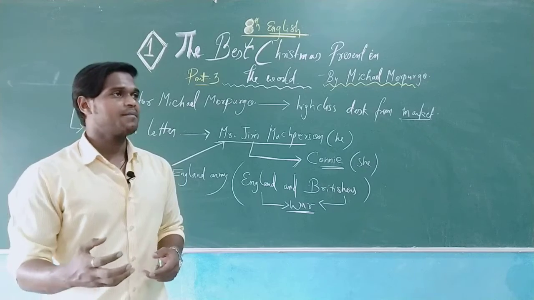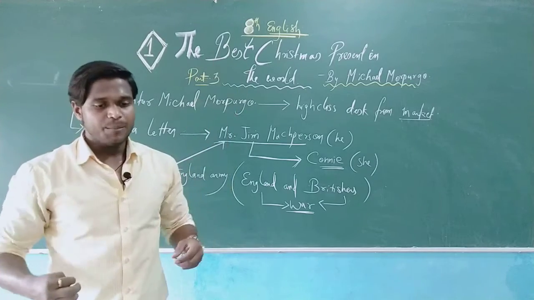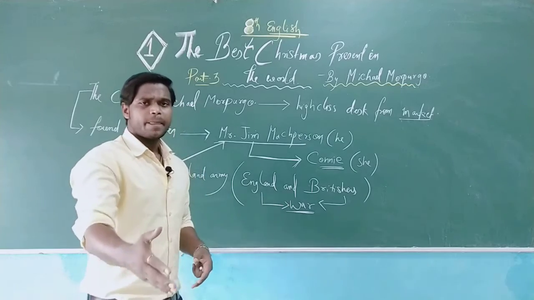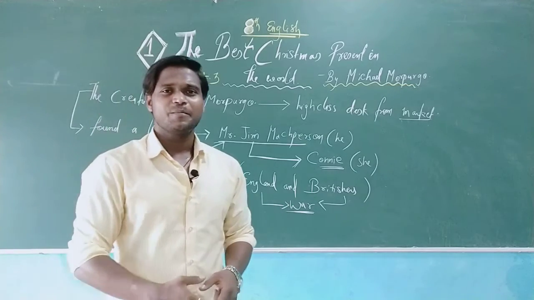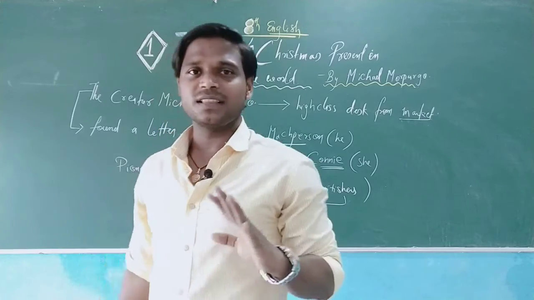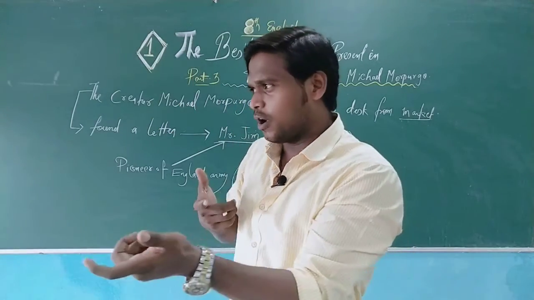Now he is telling that he plays the cello, a musical instrument like a violin. He is saying he plays a musical instrument in the orchestra of this army. See, my dear students, being in the army doesn't mean everybody has a gun and is shooting.